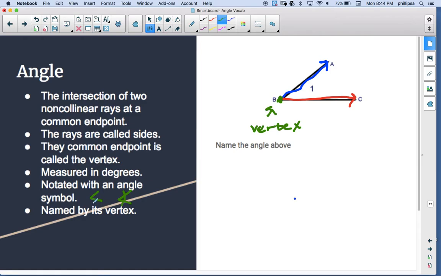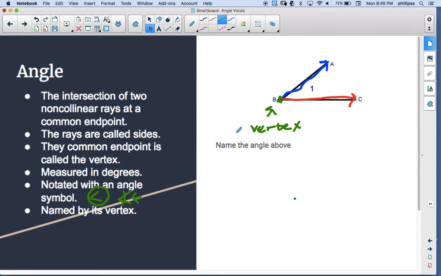Technically, they do have different meanings. This is the one that should be used to name an angle. This is more directed towards the measure of an angle, but at the same time, you will see it on a lot of our worksheets, and it's acceptable to use it.